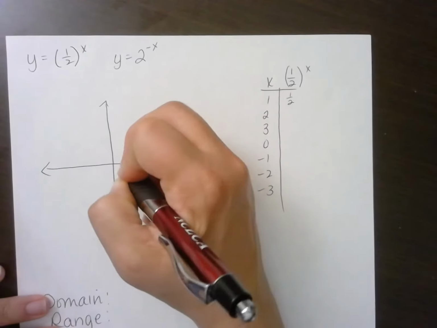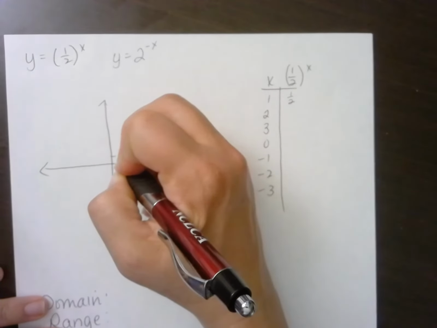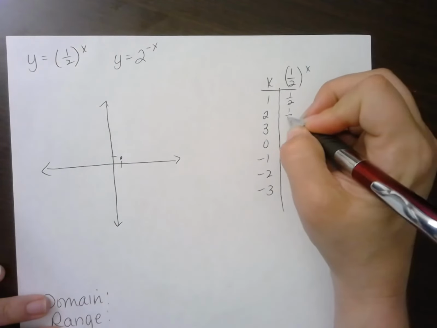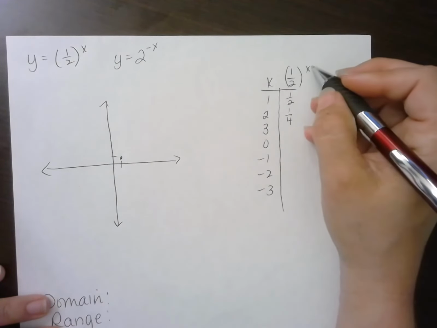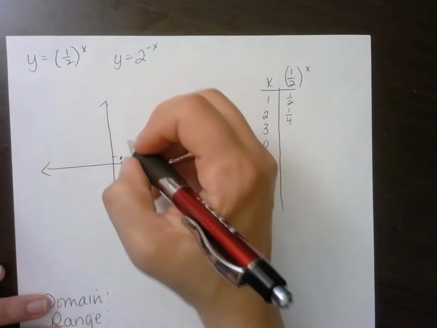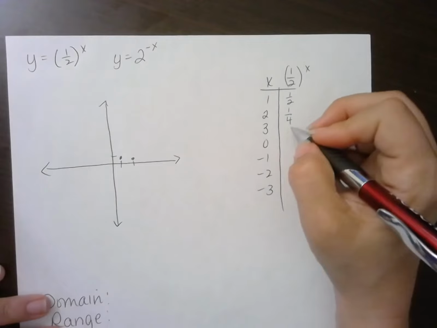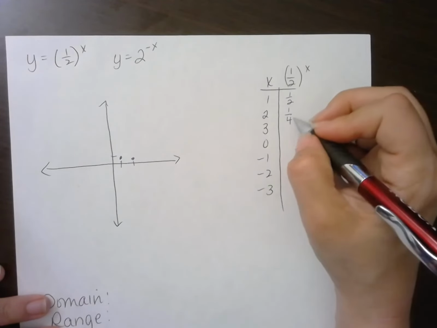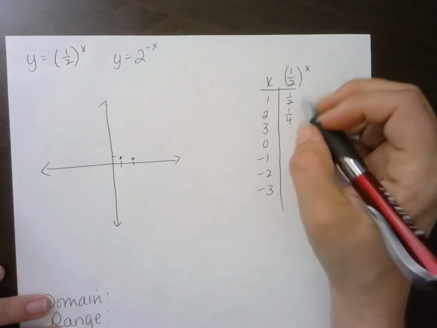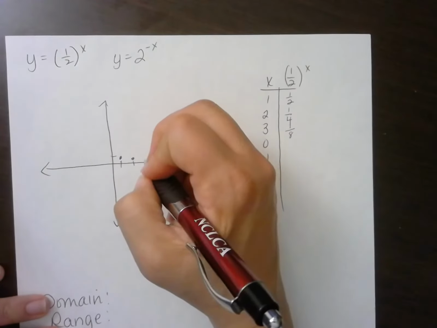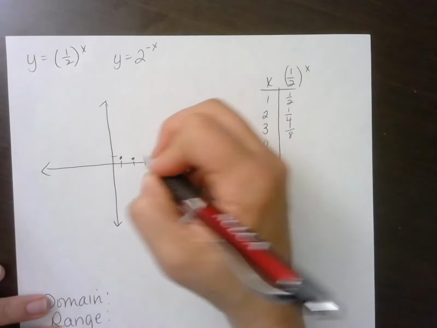If I plug in 2, I get 1/4, because I'm going to have 1 squared over 2 squared, which is 1/4. So I'm going down a little bit further. If I plug in 3, then I get 1/2 cubed, which means I have 1 cubed, which is 1, over 2 cubed, which is 8. And so my graph kind of looks like this.